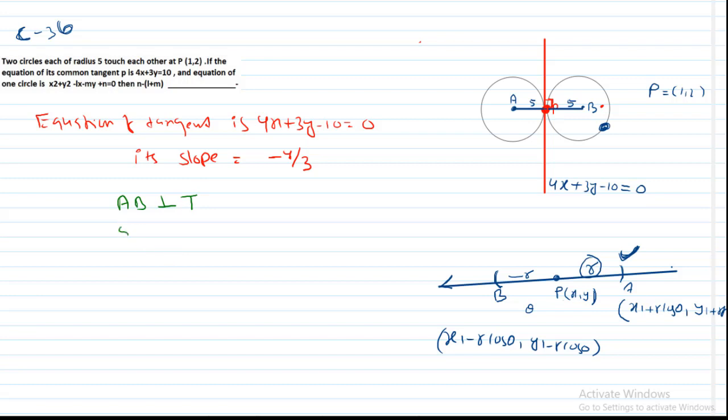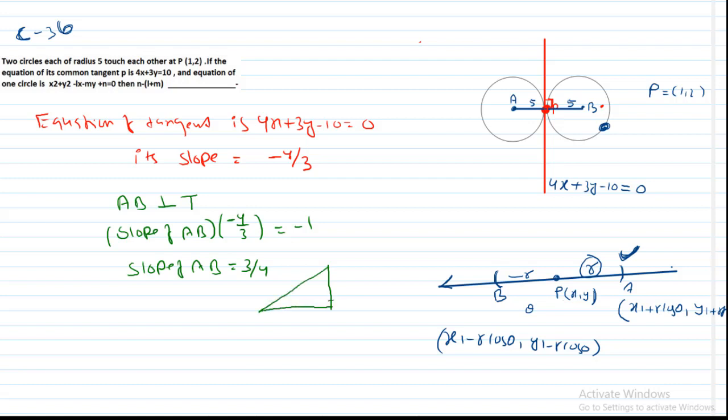Slope of AB into slope of T, that is minus 4 by 3, equal to minus 1. So slope of AB is nothing but 3 by 4. Already you know that inclination lies between 0 to 180 only, no? That's why using some simple right triangle, slope is tan theta only, no? Sorry, tan theta equal to 3 by 4. This is 3, this is 4.